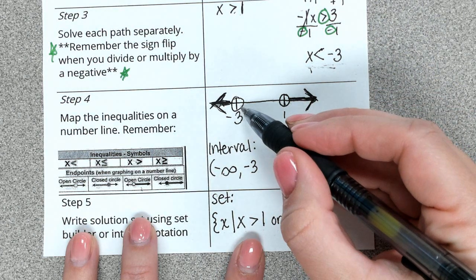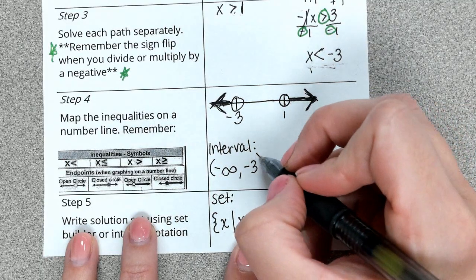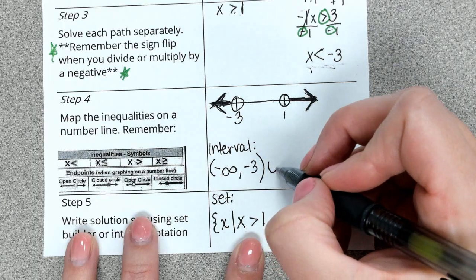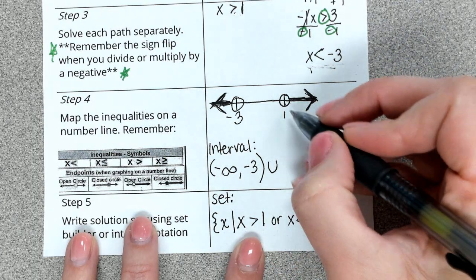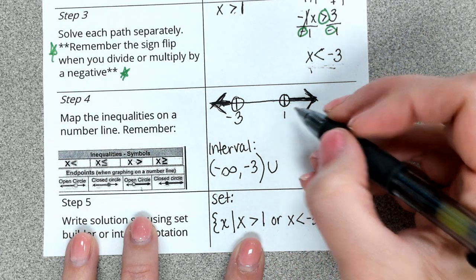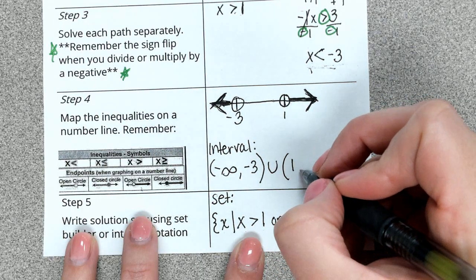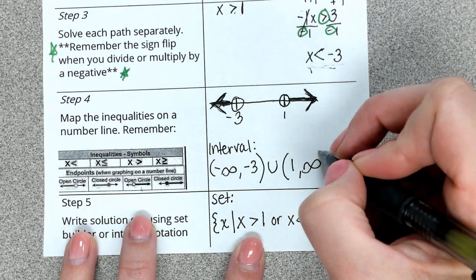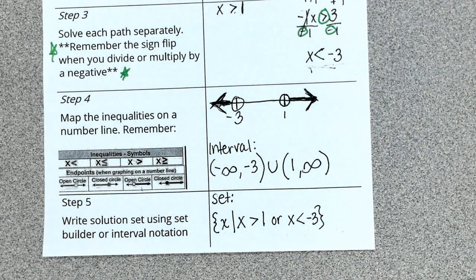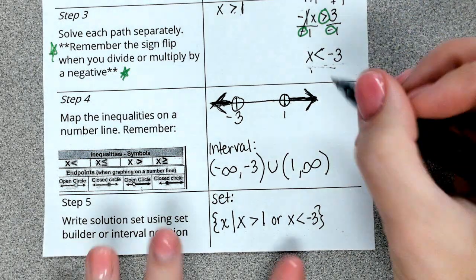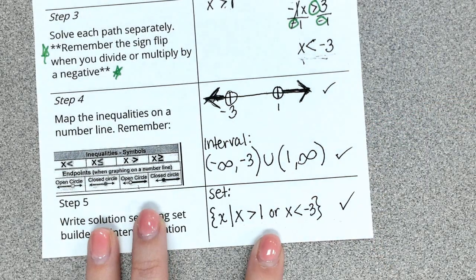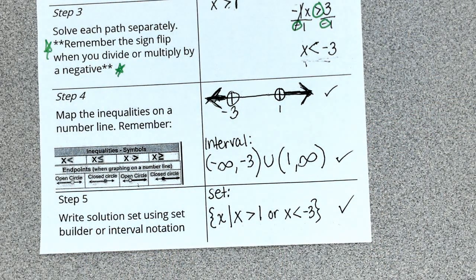Right. If it's an open circle, open circles always get parentheses. Okay? And then we have another chunk, so I have to union that with the other chunk, 1, which also is an open circle, so it gets a parentheses, comma, and that arrow is pointing into positive infinity. Okay? So this is the solution number line, and then you could have this or that. This or that. Okay?